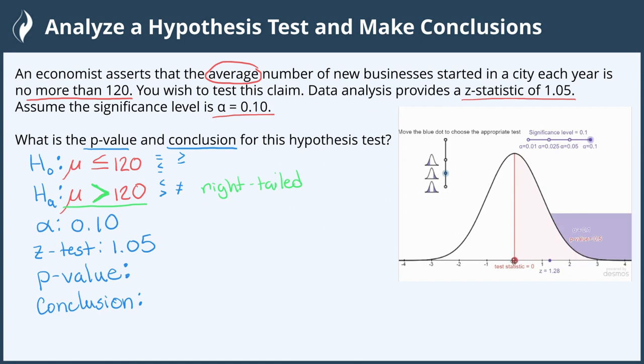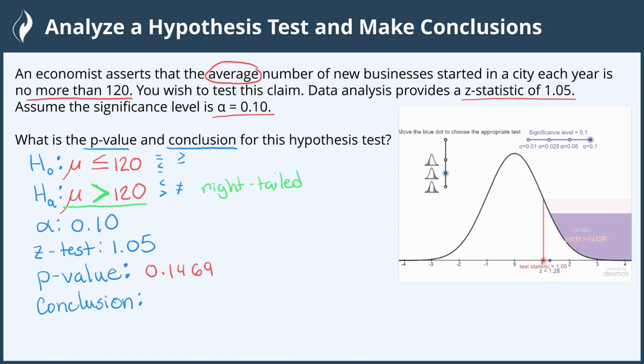And the last thing we need to graph is our test statistic, which is 1.05, and this can be a little finicky, so we have to be pretty precise to get it in there at 1.05, which gives us a p-value of 0.1469, which is perfect.